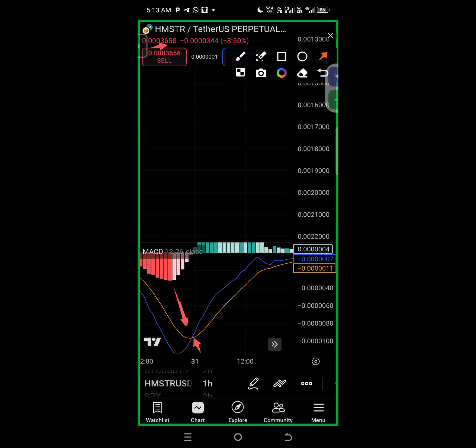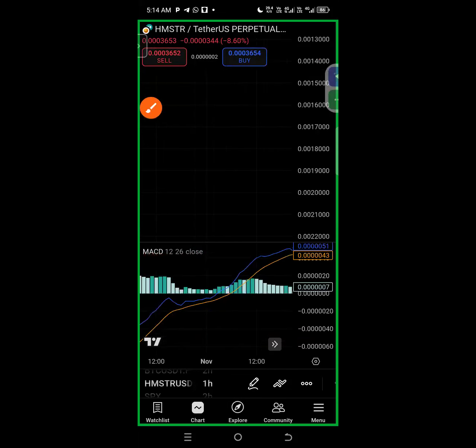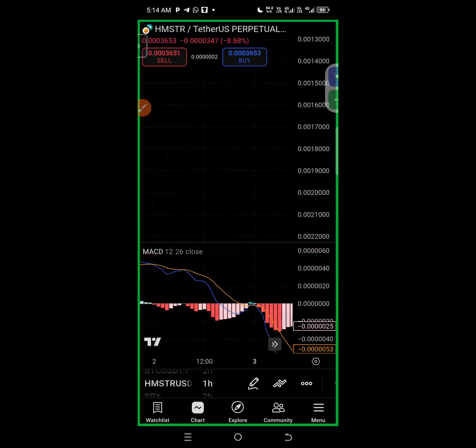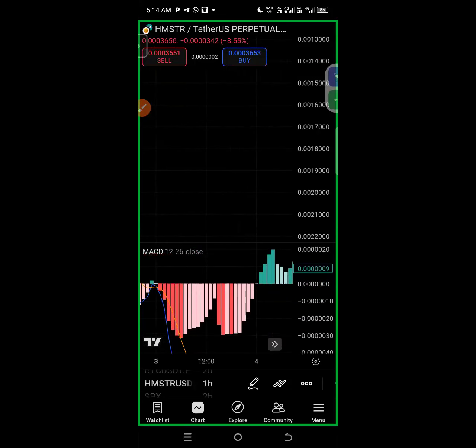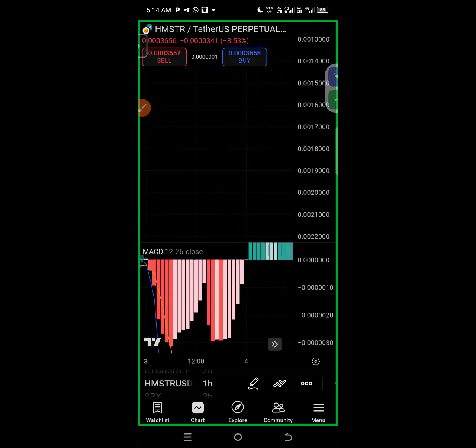Now let's look at the histogram. When we talk of the MACD histogram, this is what we term the histogram.